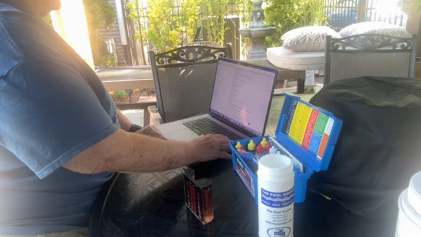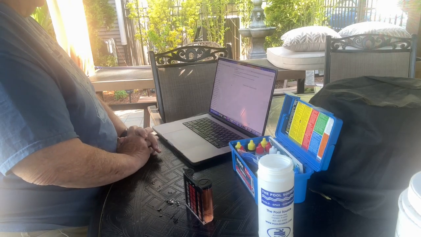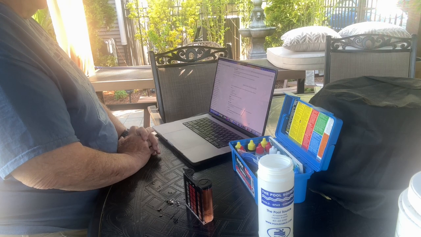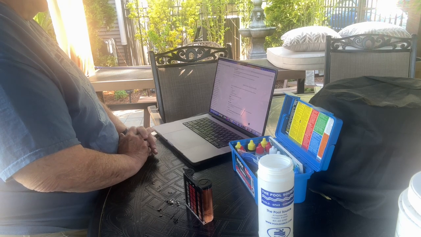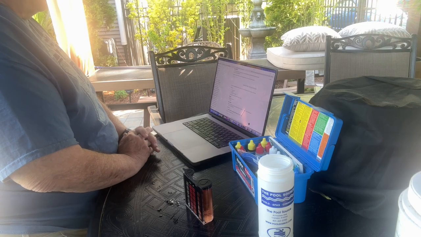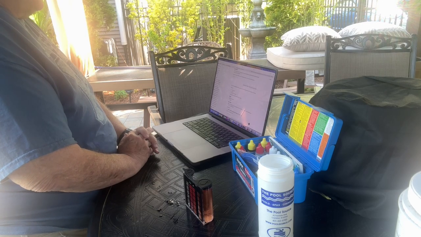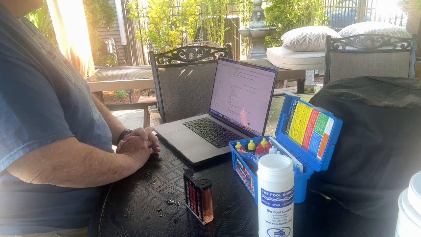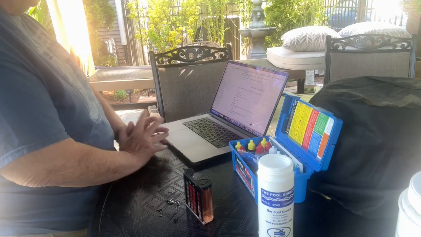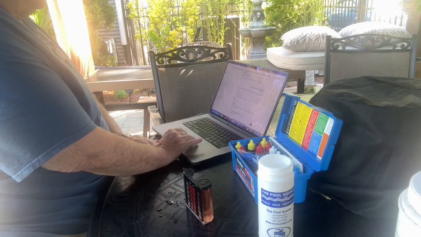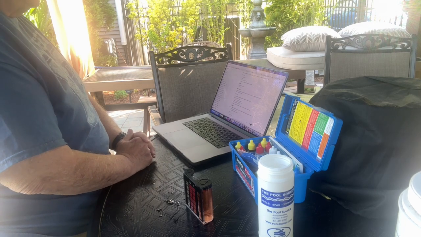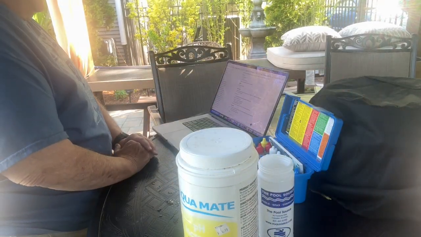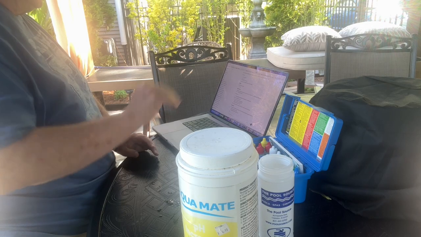Should I wait or add increaser? It says I would raise the pH slightly rather than just waiting. Best option, because my alkalinity is at 80, would not use a large amount of baking soda. Instead, use soda ash, sodium carbonate, which is what is in this jar right here. Add about 10 to 12 ounces by weight.